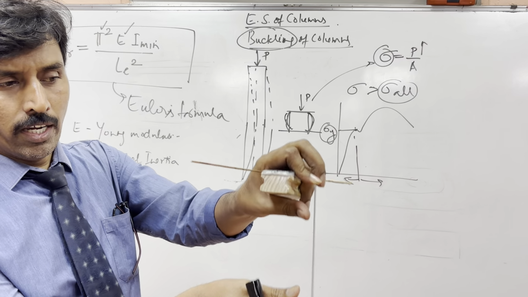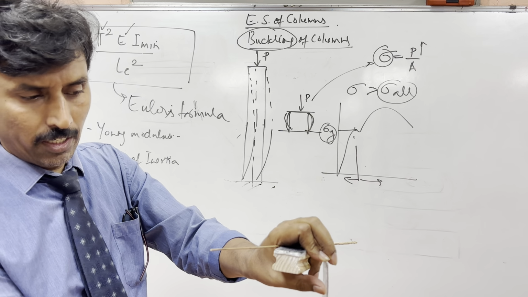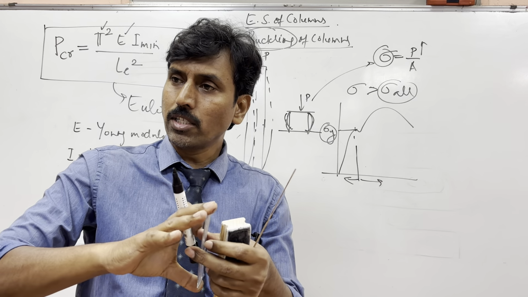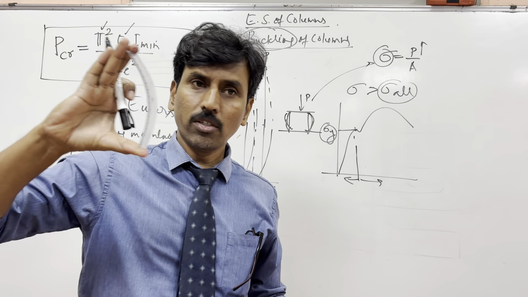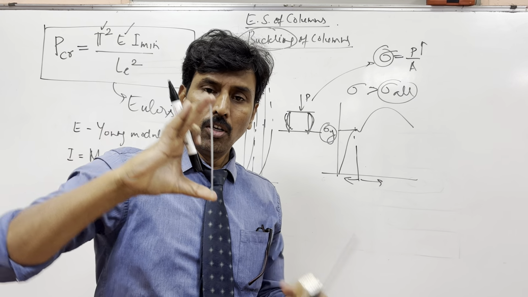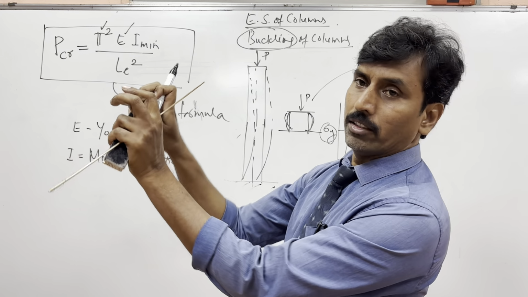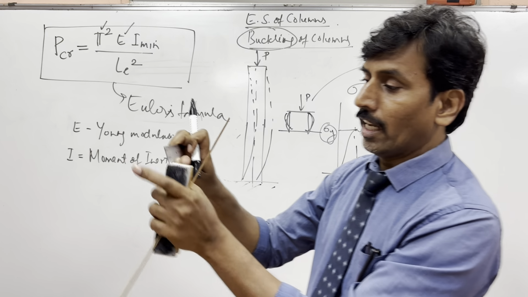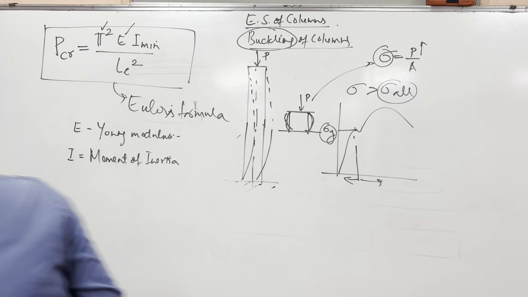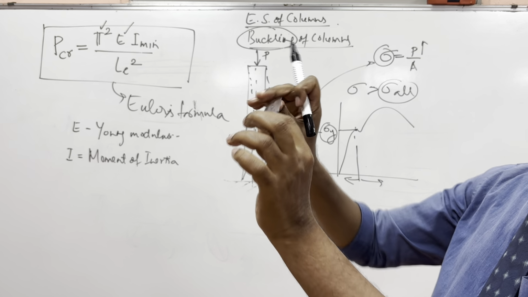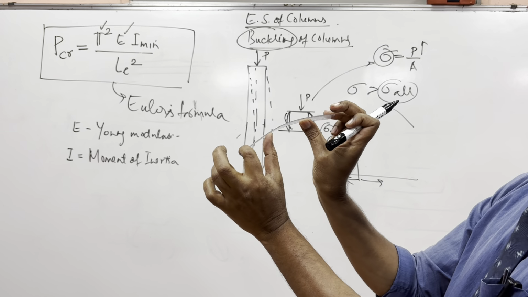Now if I apply a load, the scale starts crippling like this. There are two ways. Can the scale bend like this? No. But the scale can bend like this.